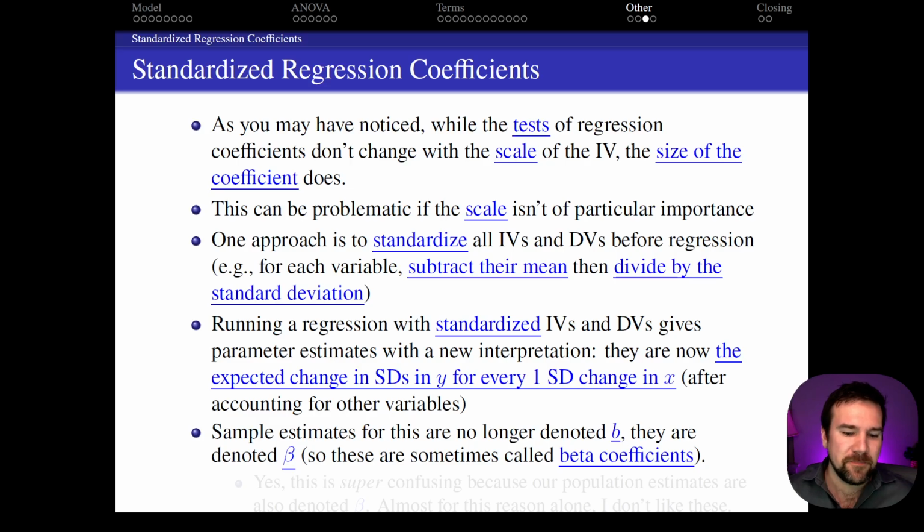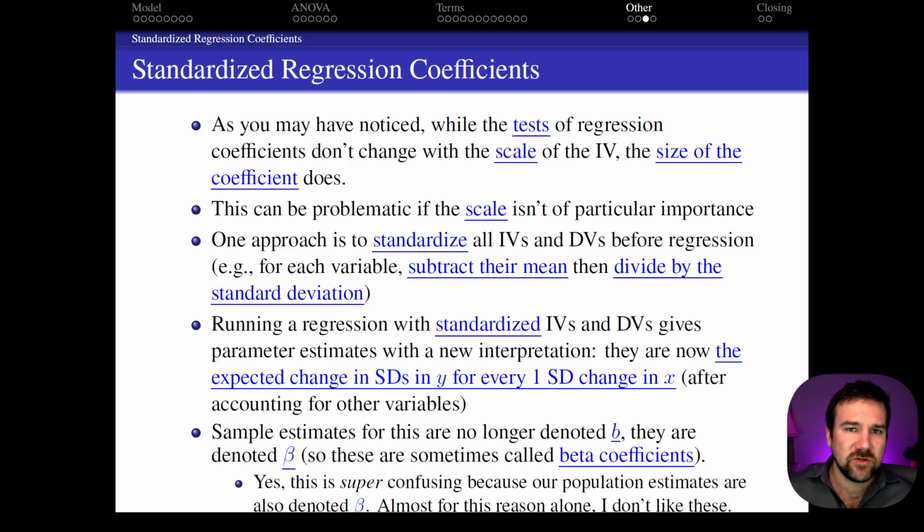Remember, all of our sample estimates for our regression coefficients were B. Well, the sample estimates for this type of thing are beta. So these are sometimes called beta coefficients. But this is super confusing because our population values for our regular regression coefficients are also beta. And yeah, that is super confusing, and I hate it. I think it's terrible.